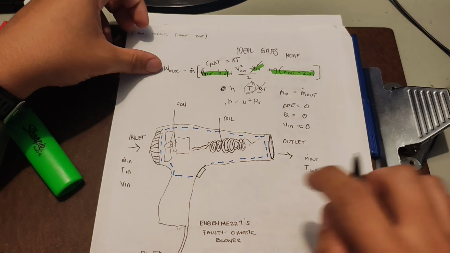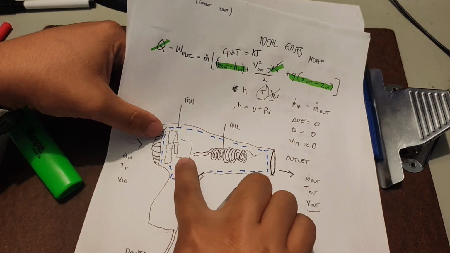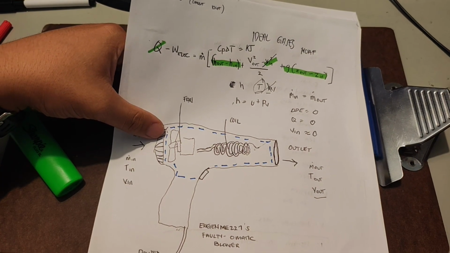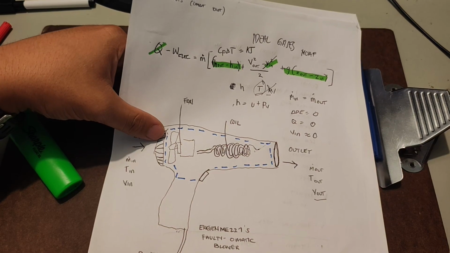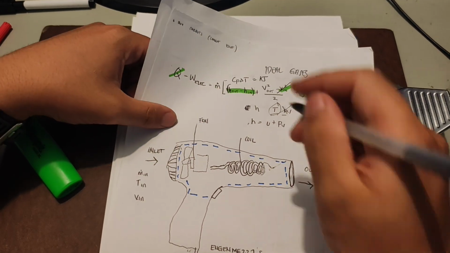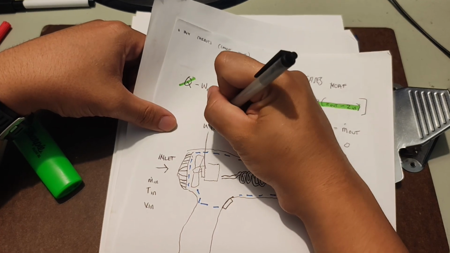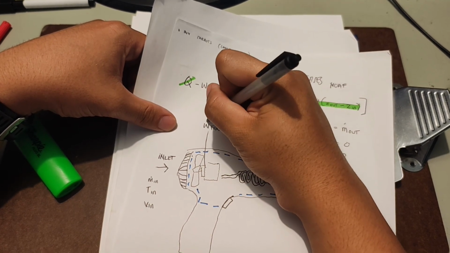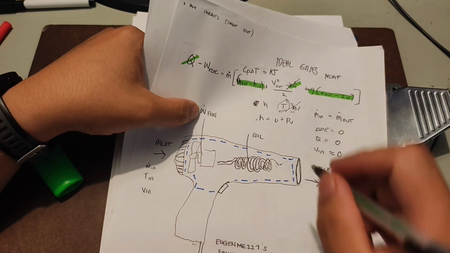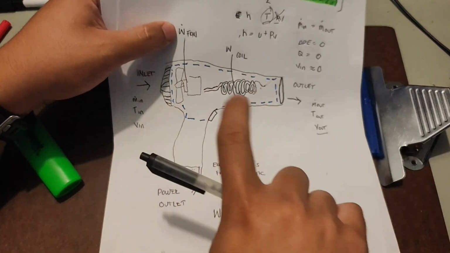So for this one, you might be asking, so we have a fan and we have the coil, so what's the matter with those two? Are we not gonna break it down? Well, we are. So we're just gonna break it down quick. So let's just say this is the work for the fan, and this is the work for the coil.